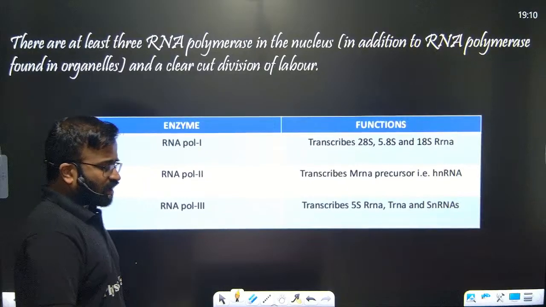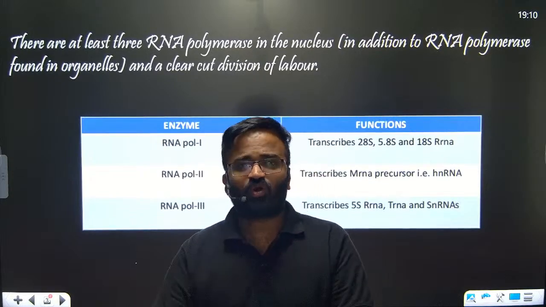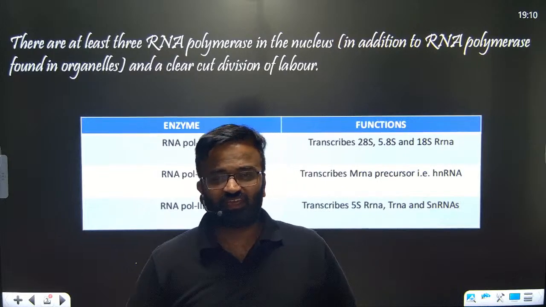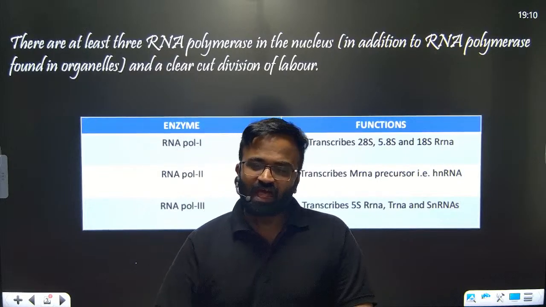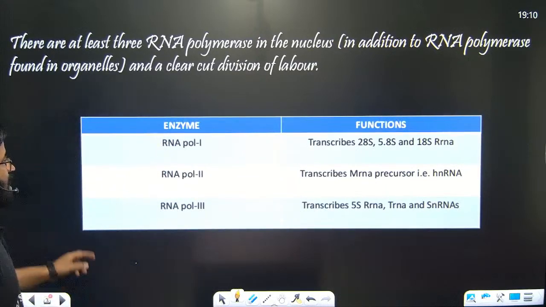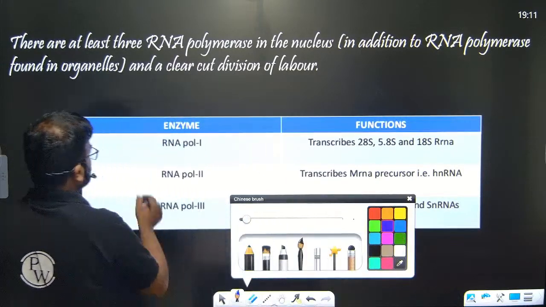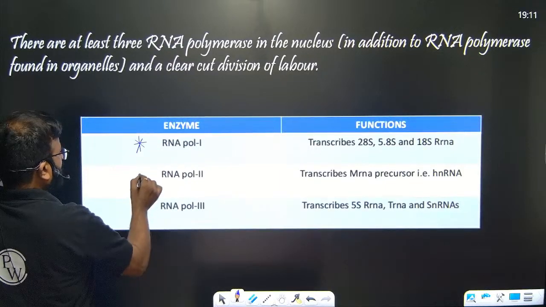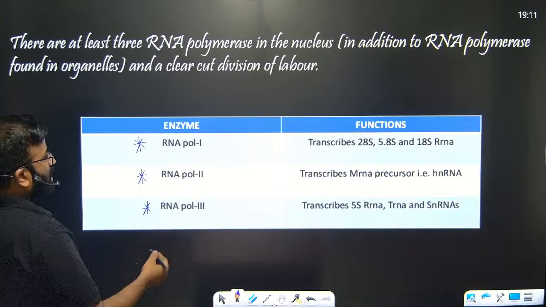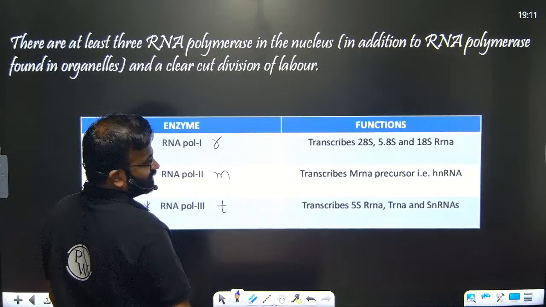In prokaryotes, there is only one RNA polymerase, simply called RNA polymerase, which transcribes all three kinds of RNA, that is mRNA, rRNA and tRNA, whereas in eukaryotes, there are three kinds of RNA polymerases, called RNA pol 1, RNA pol 2, RNA pol 3, which transcribe the rRNA, mRNA and the tRNA.